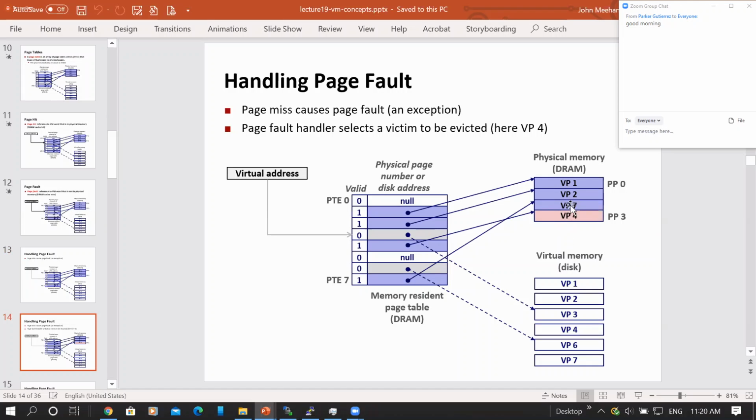So we have to select a victim, just like the hardware selected a victim in the blocks in the cache, right, to replace. So now that we vector up in the OS, the OS gets to select the victim. Which one of these is going to go? And then it has to be possibly written out to the disk because we may have modified its content since we brought it in.